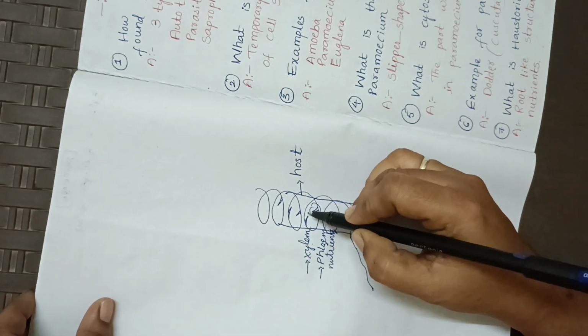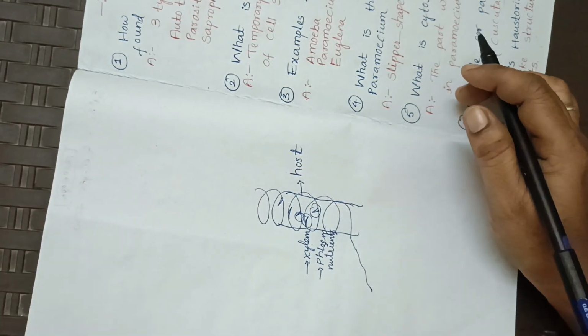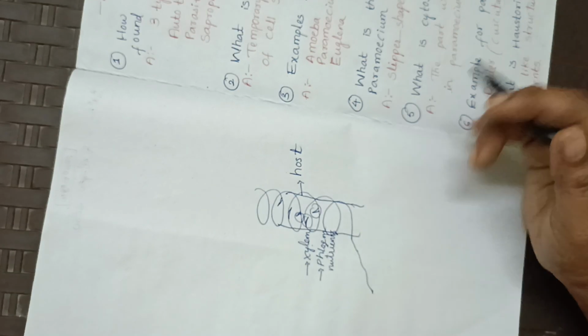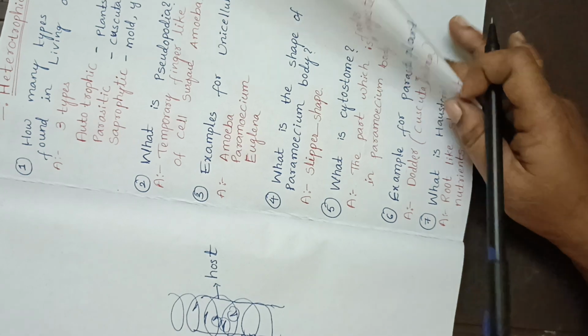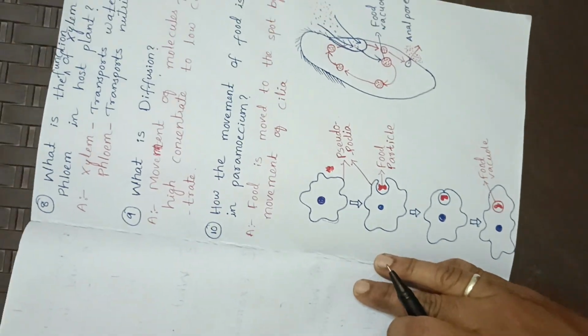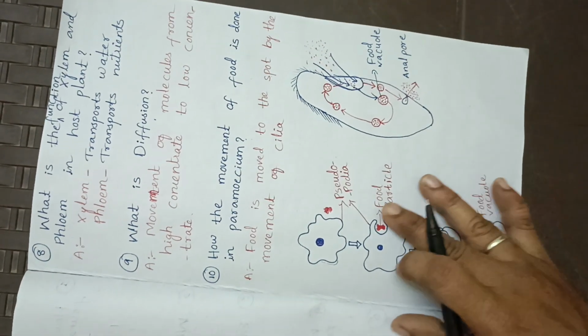That is one type of nutrition called parasitic nutrition. These finger-like projections are root-like structures which penetrate deep into the stem of the host plant. So the structures are known as the haustoria. Clear?